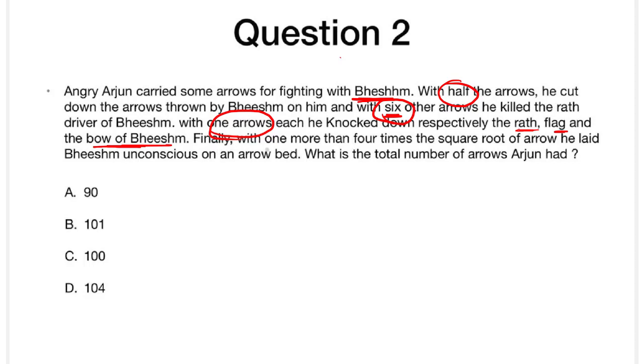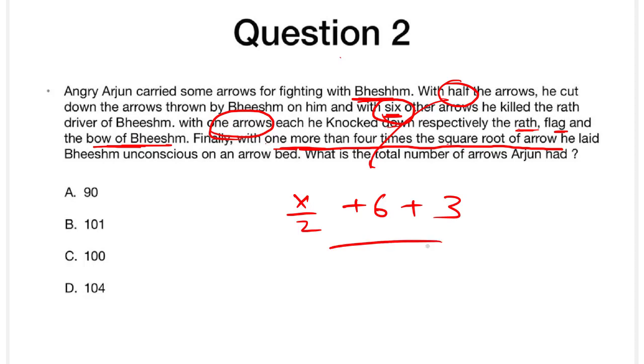Finally, with one more than 4 times the square root of arrows, he laid Bhishma unconscious on an arrow bed. What is the total number of arrows Arjun had used? It's really simple. He used x by 2, then 6, and 3 arrows for the 3 things. So let's see the answer.